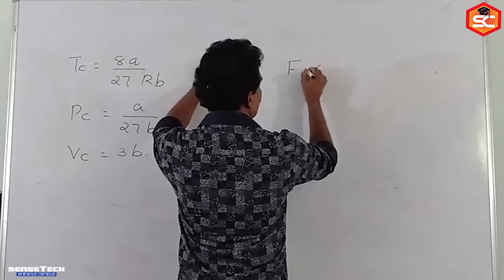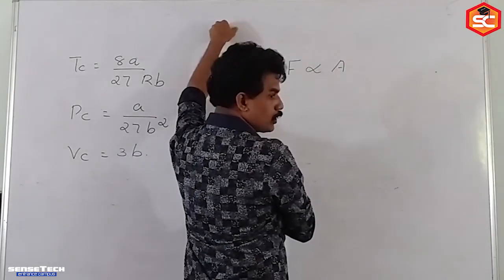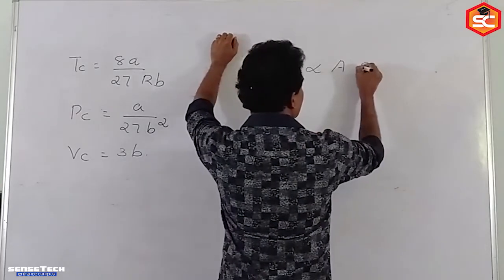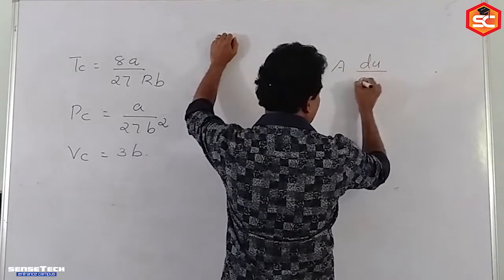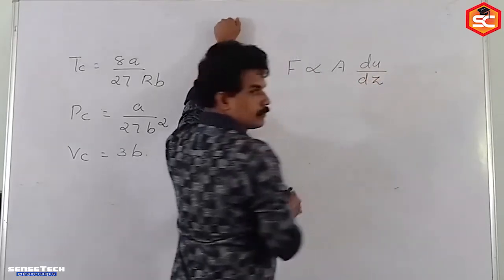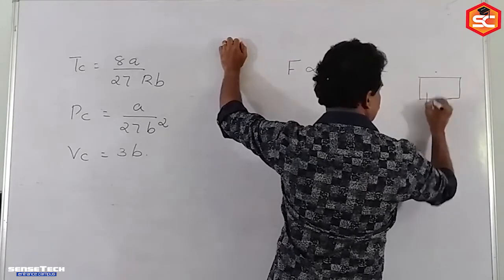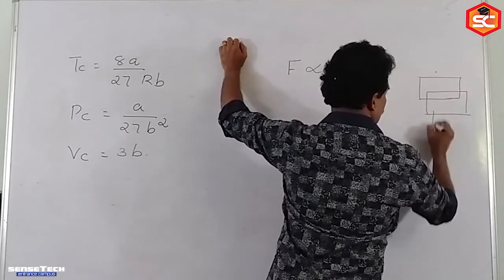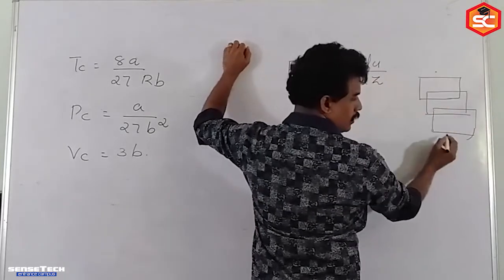That force is directly proportional to the area in contact and also directly proportional to the velocity gradient. What is velocity gradient? Change in velocity between the layers divided by change in distance, layer by layer from the surface.